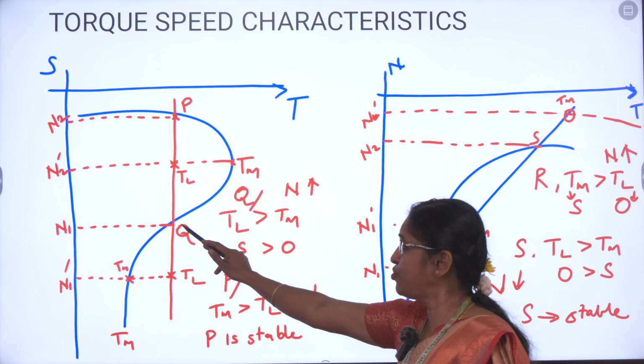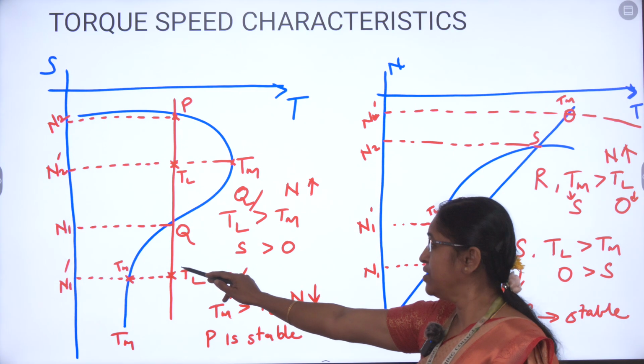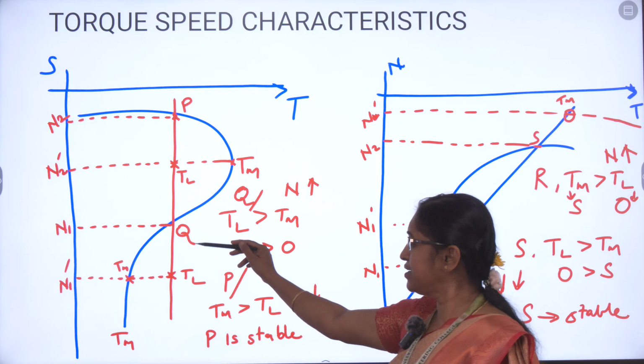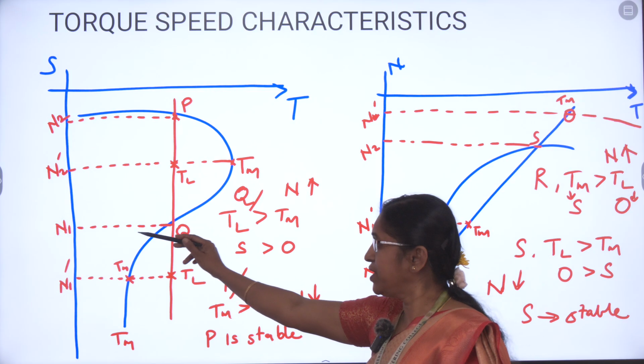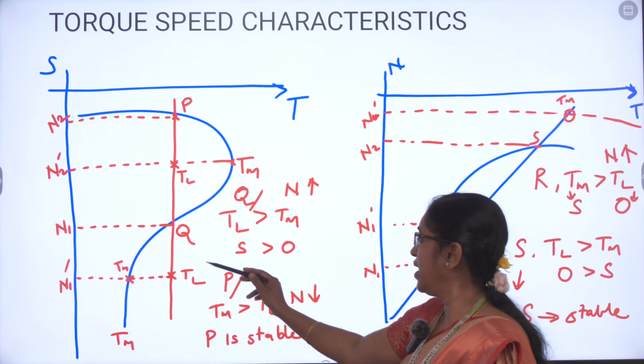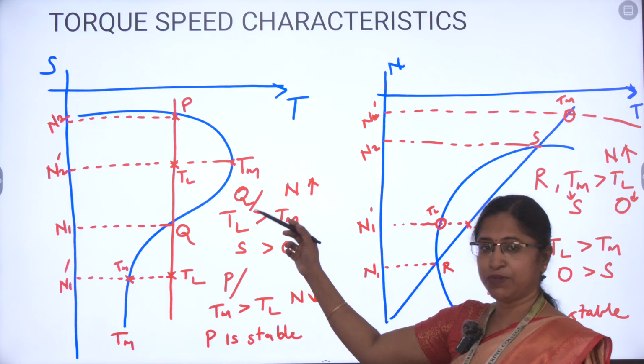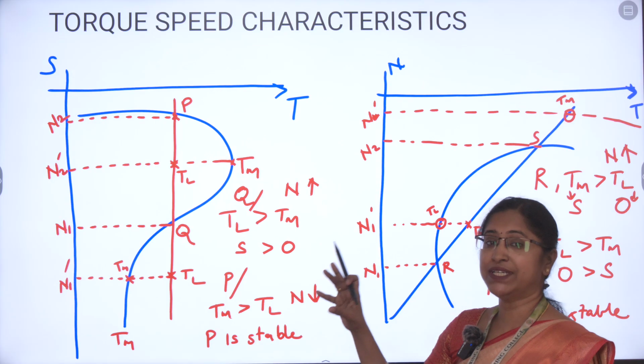If you take this point, point Q, it is a steady state point. Let us assume the speed at this point is N1.